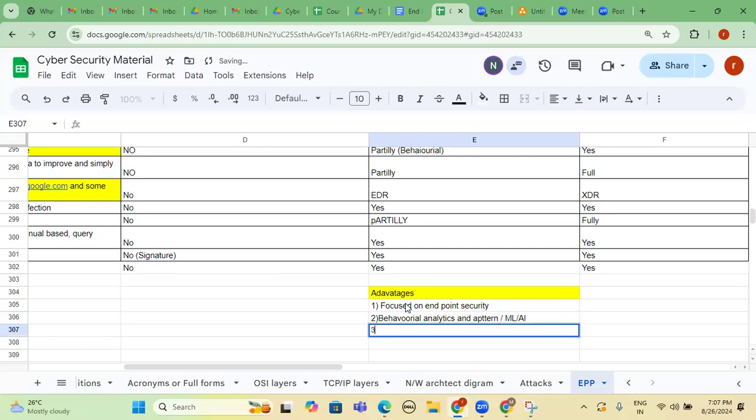In the similar way, another advantage is quick response. Another advantage is integration: integration with SIEM tools, integration with cloud connector, integration with primary DNS, secondary DNS, all those with any other third party tool basically. So that is the integration part.